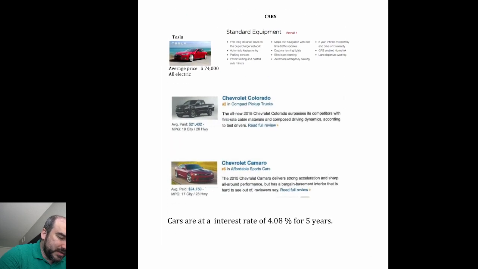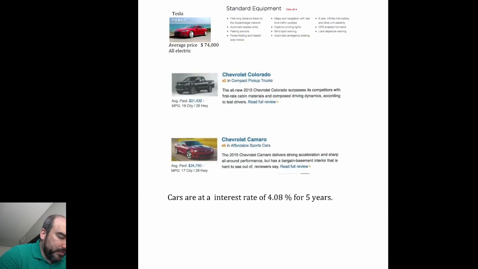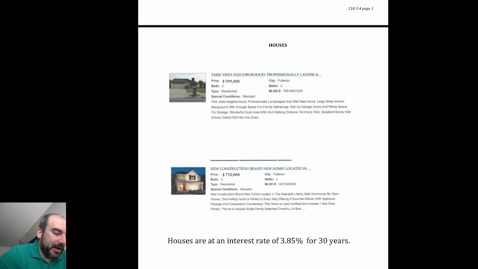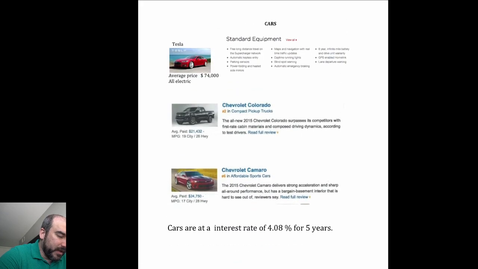We're going to look at some cars, and then we're going to look at some houses. It would be nice if you guys could pick a car as a group in your breakout rooms and do the calculations for that car specifically, or pick a house and do the calculations on that.